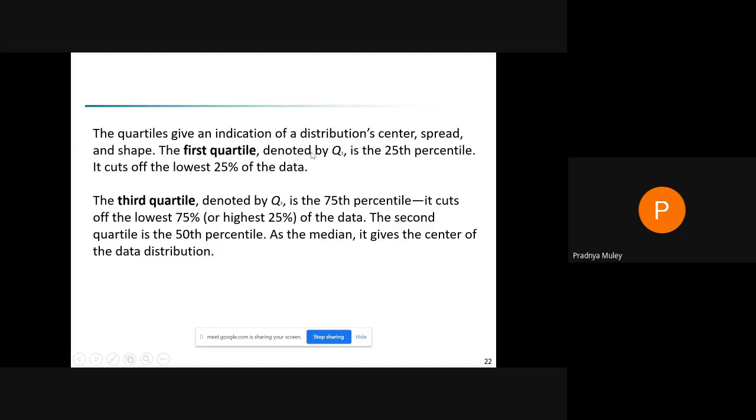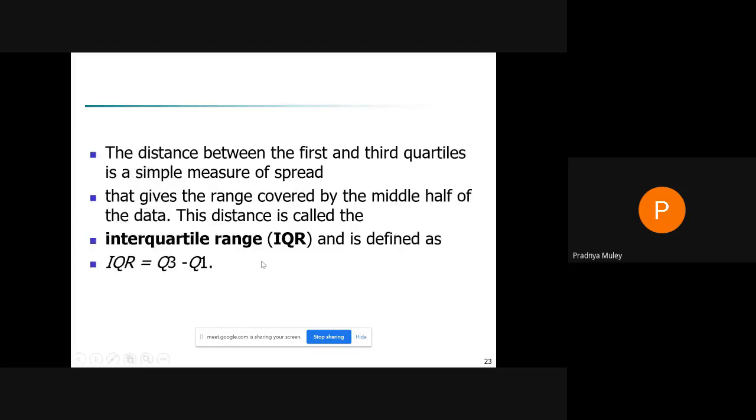The first quartile, denoted by Q1, is the 25th percentile. It cuts off the lowest 25% of the data. The third quartile, denoted by Q3, is the 75th percentile. It cuts off the lowest 75%, or highest 25%, of the data. The second quartile is the 50th percentile. As the median, it gives the center of the data distribution.